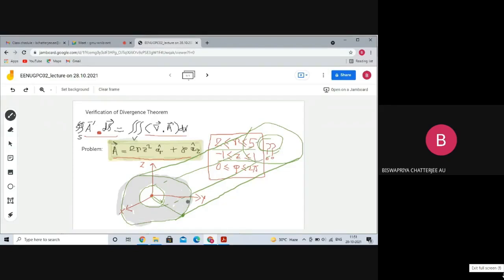Is this diagram okay with you, or are you okay with this logic, or any disagreement or other opinions? Feel free to share your views, please. If anyone has any difficulty or disagreement with this, you can share your views.